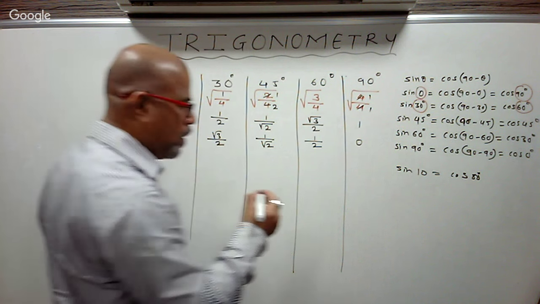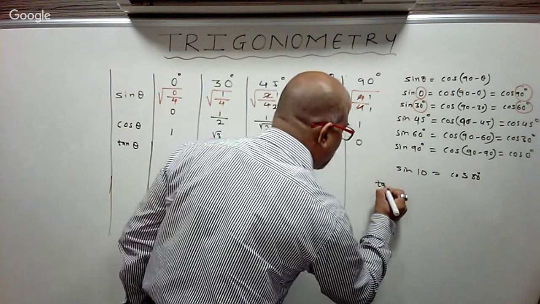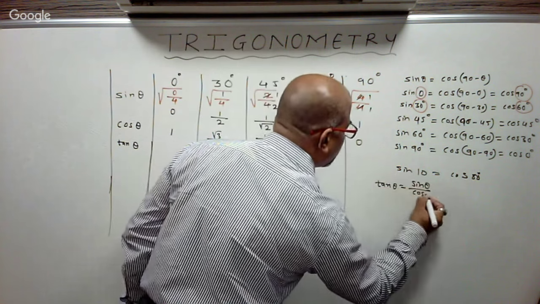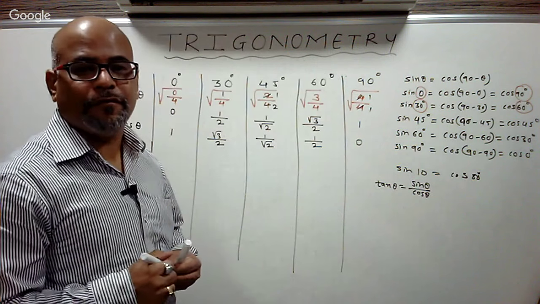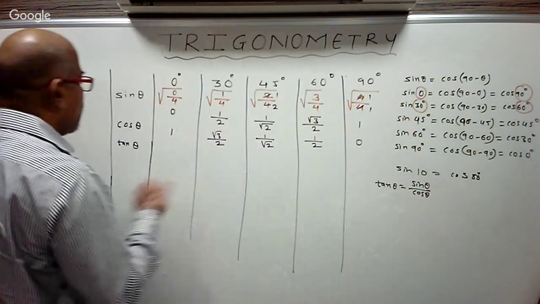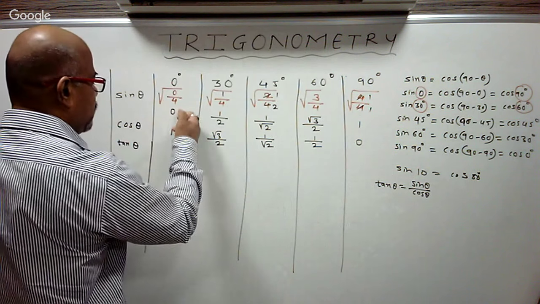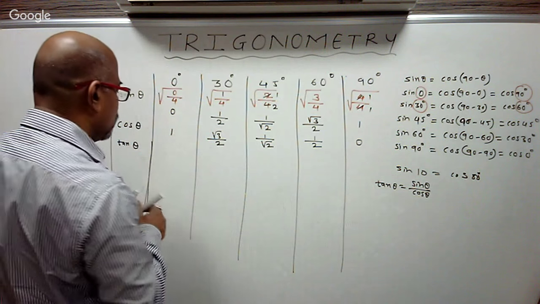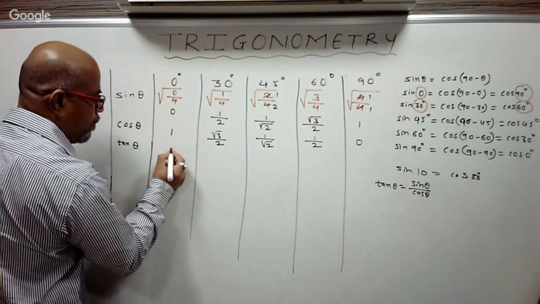Here one more formula I am going to explain to you. Tan theta equals sin theta upon cos theta. The ratio of sin and cos gives you tan. So let us find this by dividing. Sin 0 upon 1 gives you tan theta, that is tan 0. 0 upon 1 we have 0.